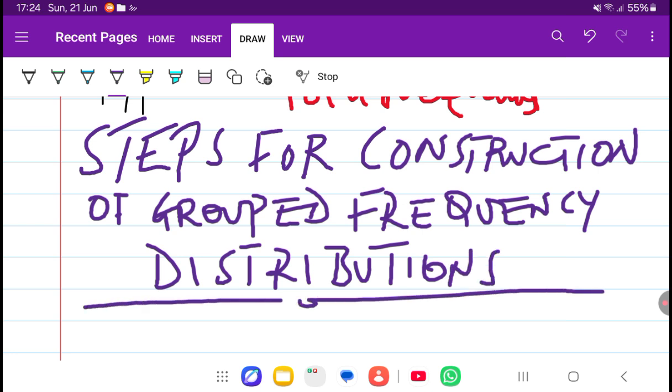I'm writing some of these steps with the thinking that there might be some students who have never done any statistics and they are doing it for the first time. That's why we are doing some of these things, but the steps are actually known.